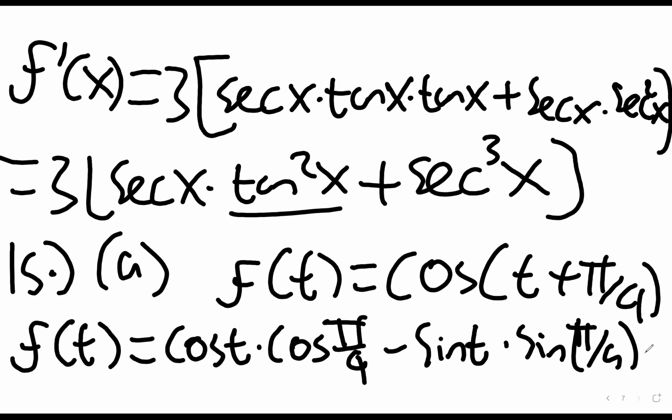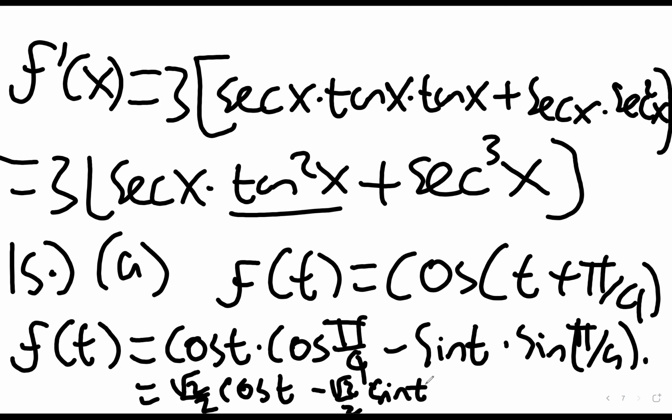Okay, so that's the first step. Of course, we should substitute the values of cosine pi over 4 and sine pi over 4 as well. So I have obviously square root of 2 over 2 cosine t minus square root of 2 over 2 sine t.